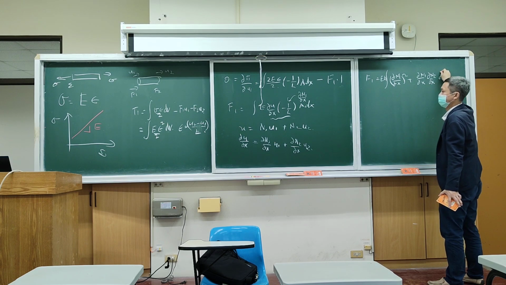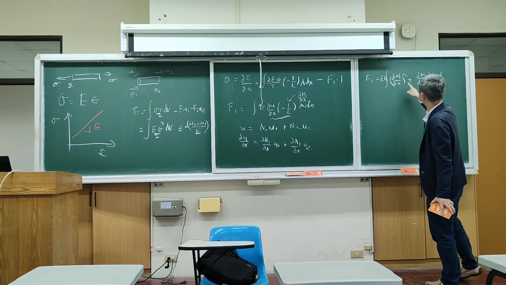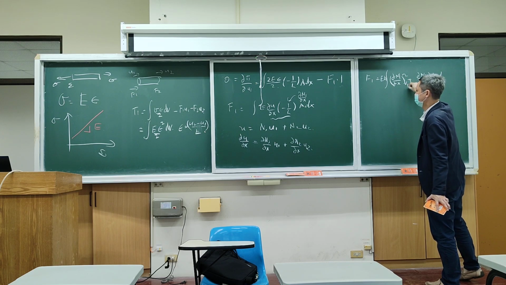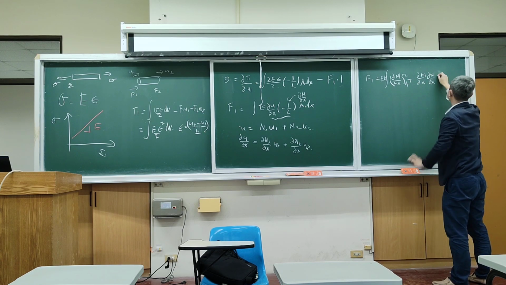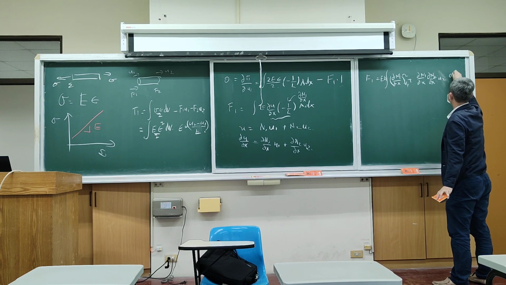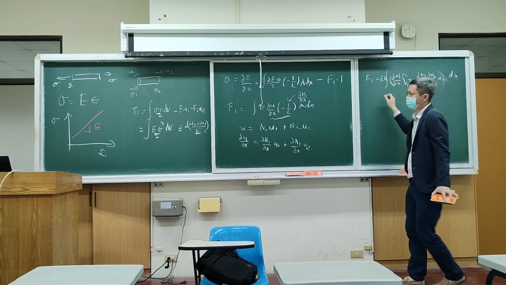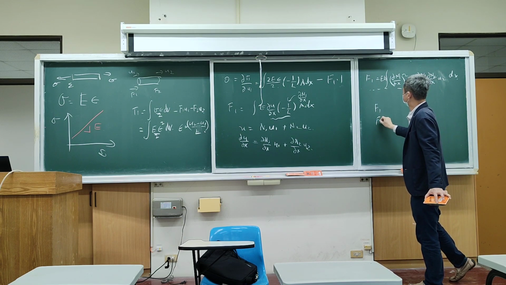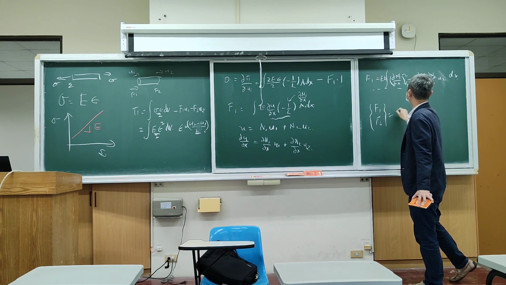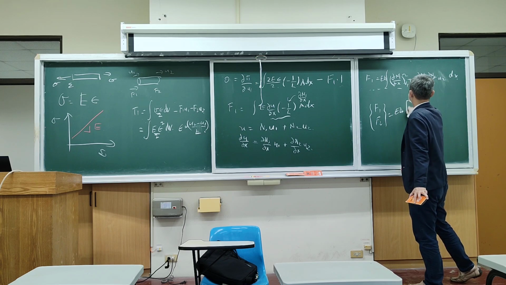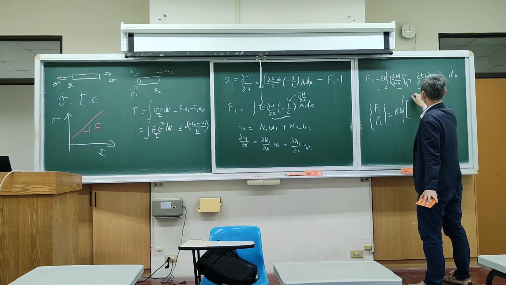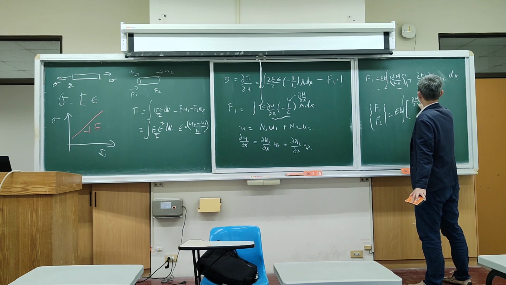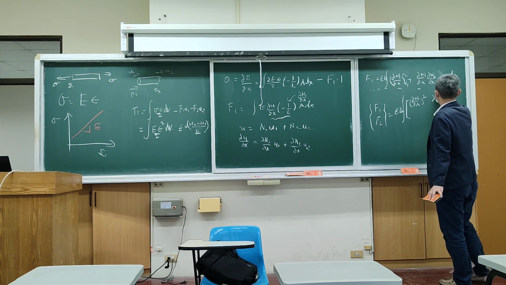Okay? But you have to multiply this by U1, and this by U2, dx. So in this way, you obtain this integral of del N1 del X squared del N2.